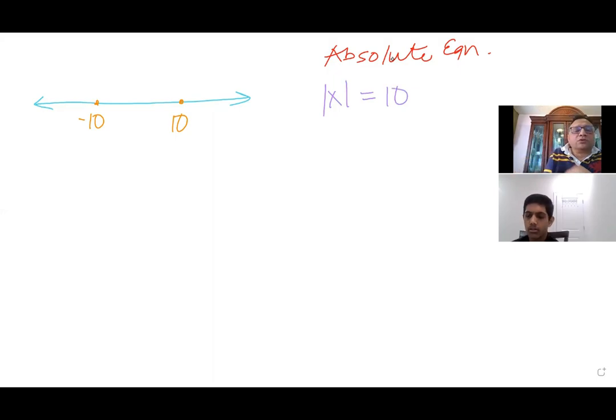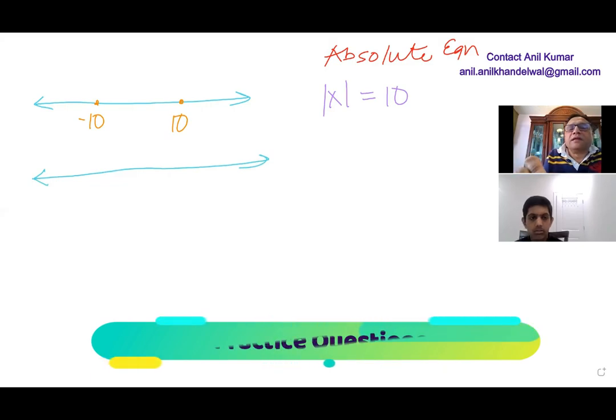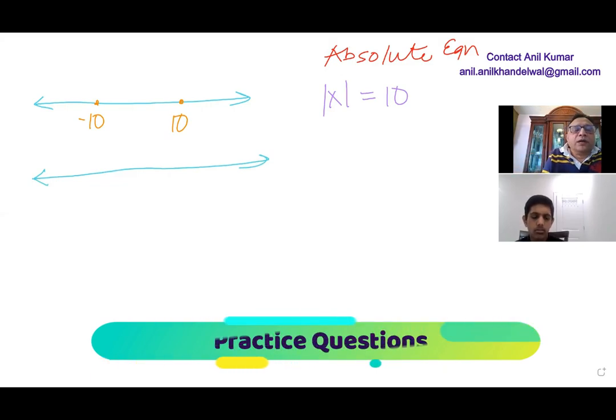Very good. Let us go to the second question. In this question, I am saying that the solution now is only 10. Can I have a solution when the equation of an absolute value has only one solution?